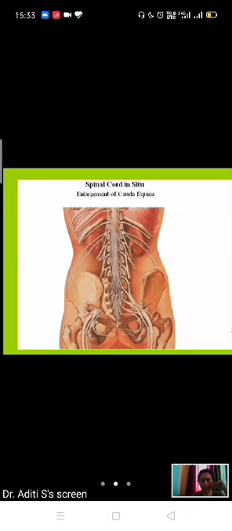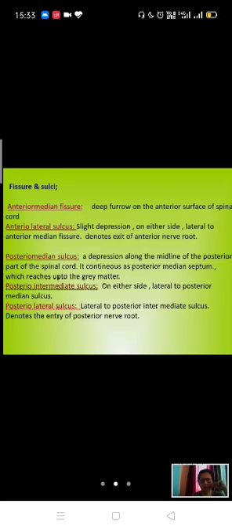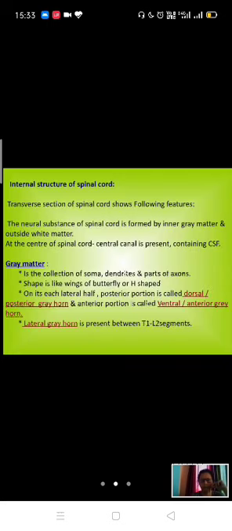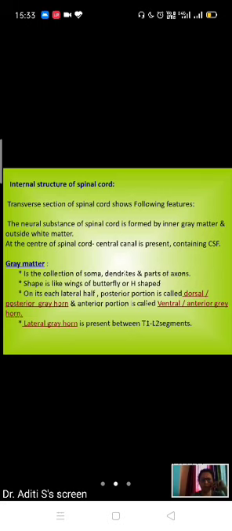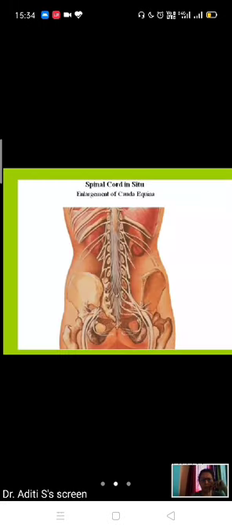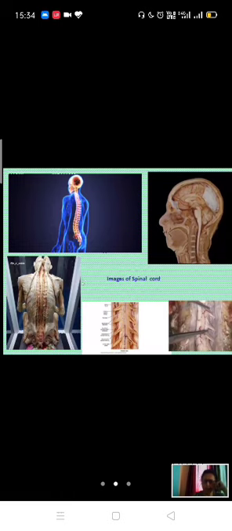Now see the spinal nerves. Here you see the spinal nerves are from the dorsal side.